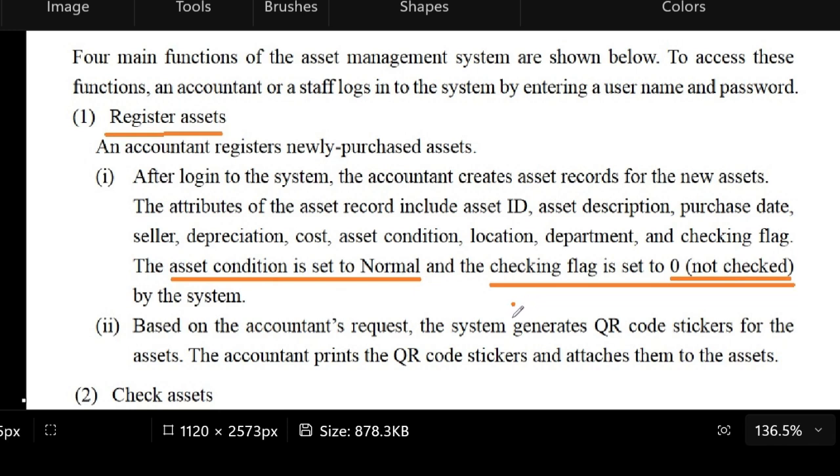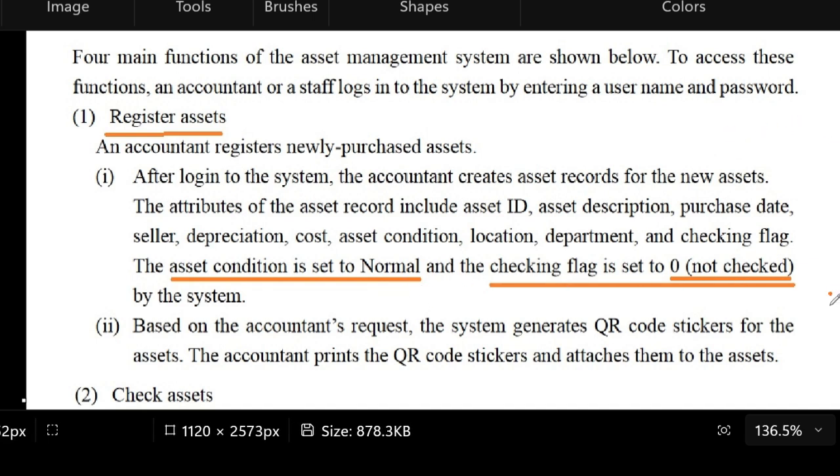It says that the checking flag at the start, when we are registering the assets, is set to 0, which signifies that it's not checked, and the default asset condition is set to normal.